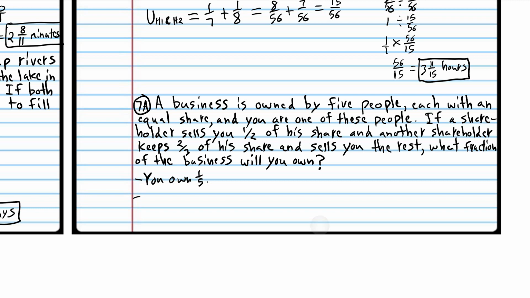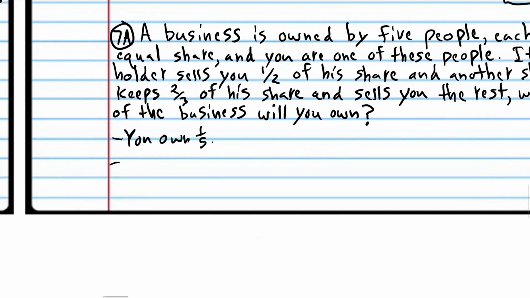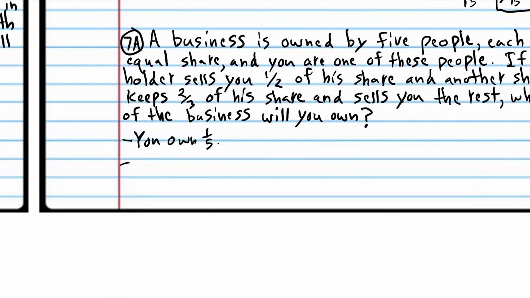So they tell us he's giving 1/2 of his share of the business. He's not giving you 1/2 of the business. He doesn't own 1/2 of the business. He owns 1/5 of the business. But this is saying he's giving you 1/2 of 1/5 of the business. So this is, again, just finding a fraction of a fraction. To find a fraction of a fraction, you just multiply. We learned that in a previous class.